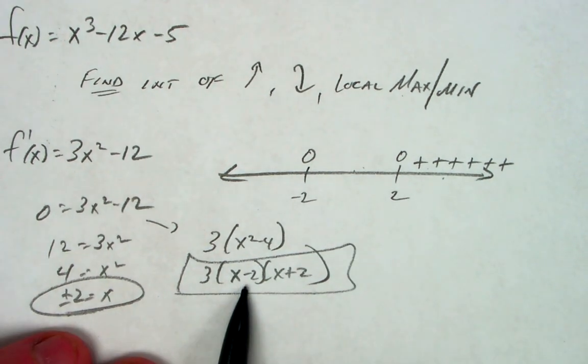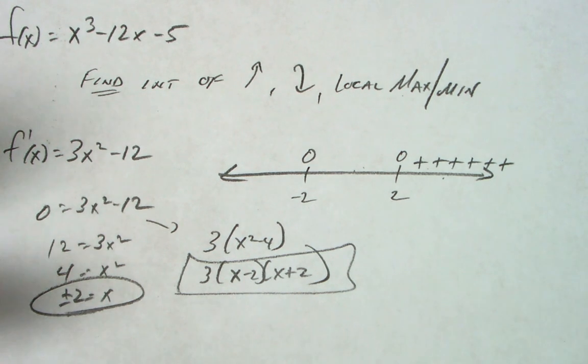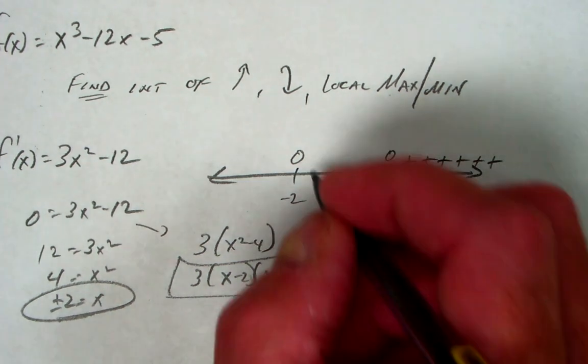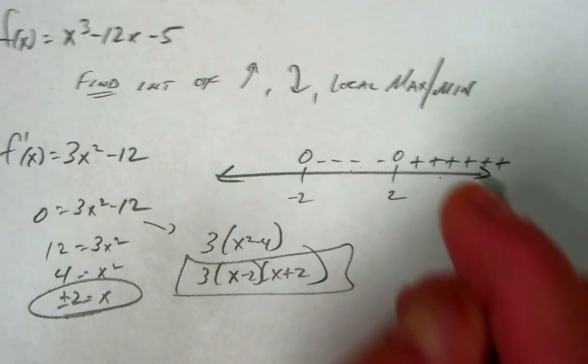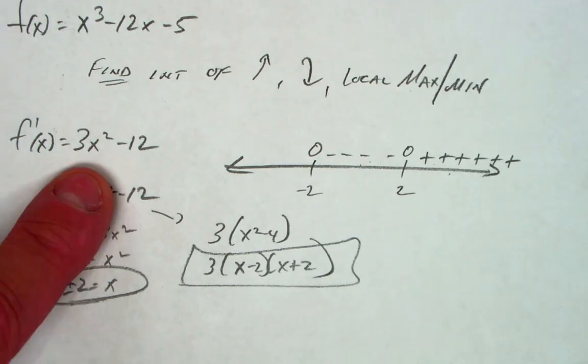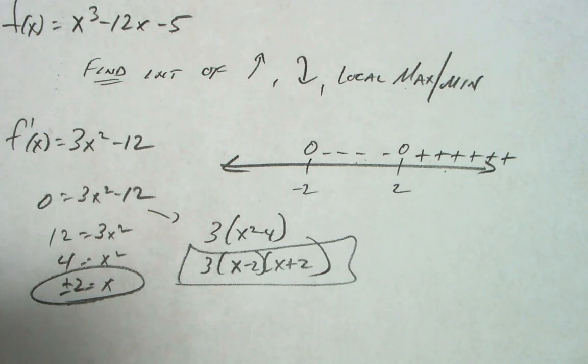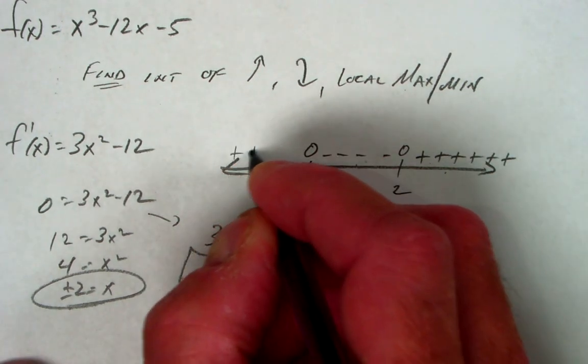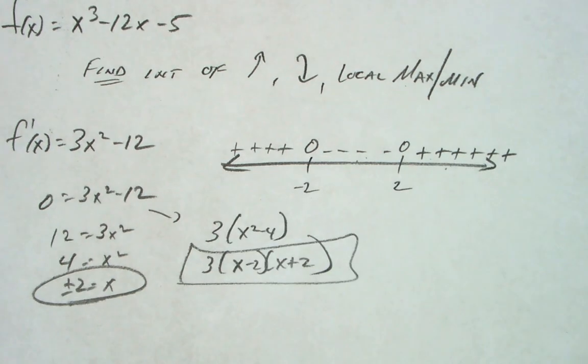This is a single root, so there's going to be a sign change there. It's going to change from positive to negative, or negative to positive. So this is going to be negative through here. I could tell that by plugging in 0. I'm going to get negative 12. This is just for my slopes. And then here, this is going to be positive. I could plug in negative 4.